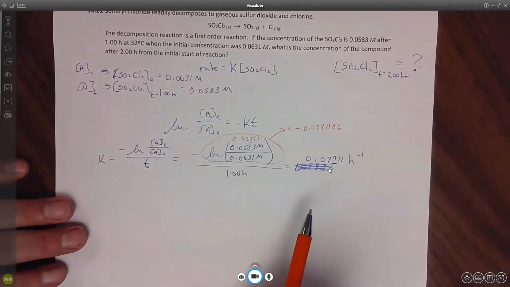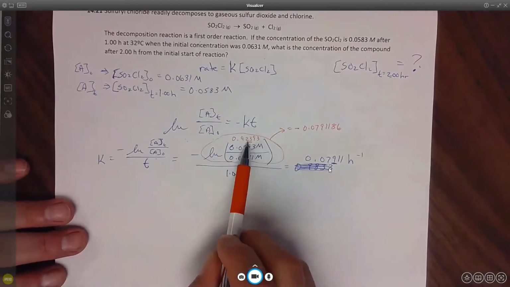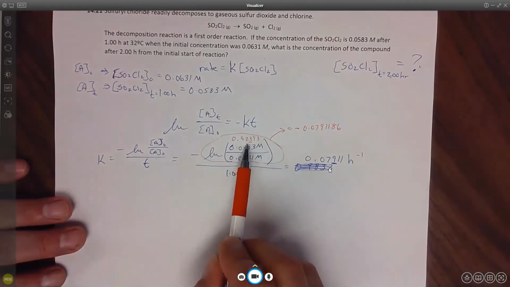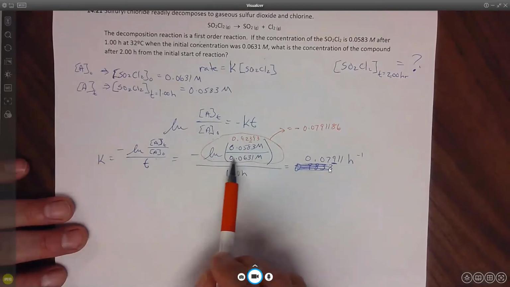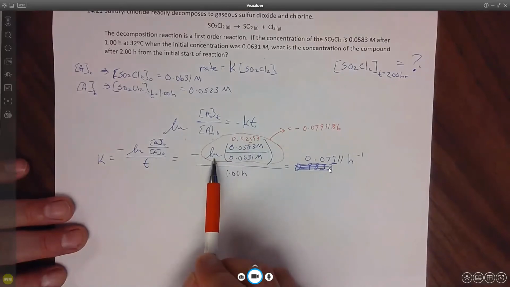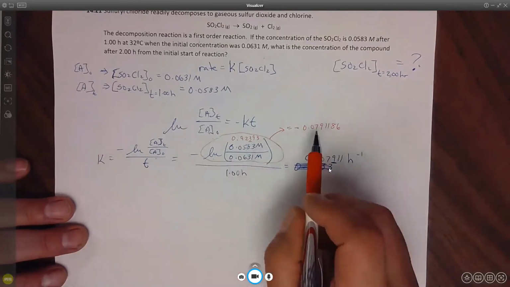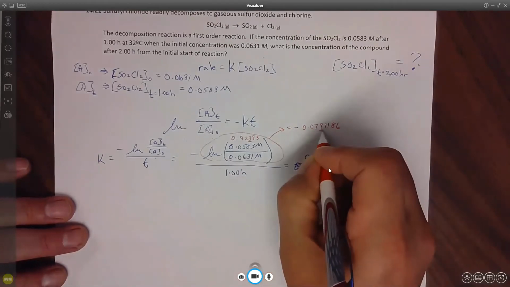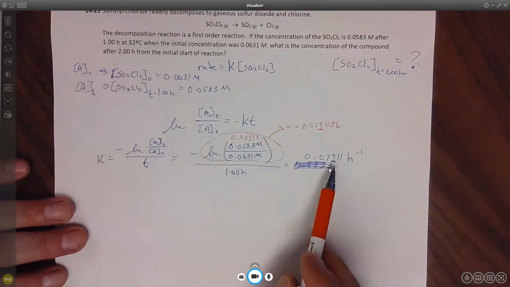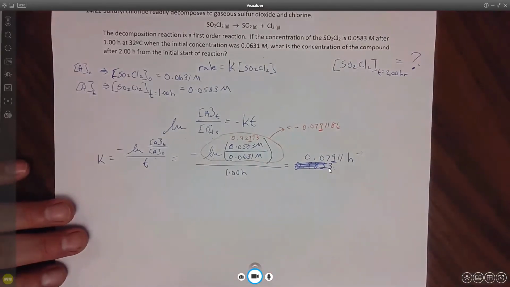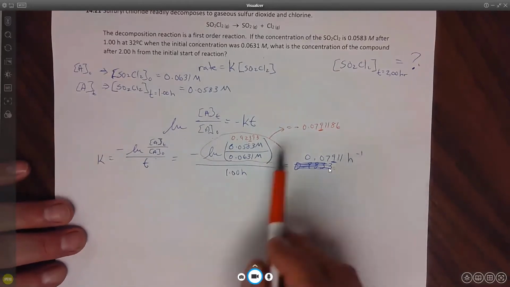But when you're following sig figs through a log, the number of significant digits of the number that you're taking the log of is equal to the number of significant decimal places. So if this is 3 sig figs, we're going to go 1, 2, 3 decimal places. And this is why we end up with only 2 sig figs. Okay, so there's our k value.